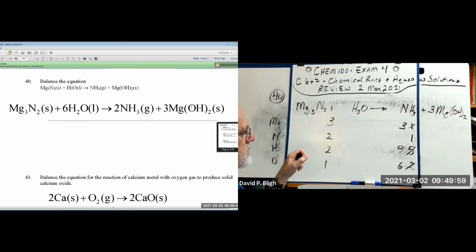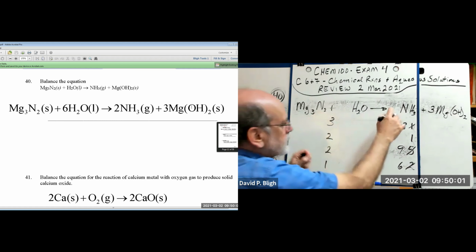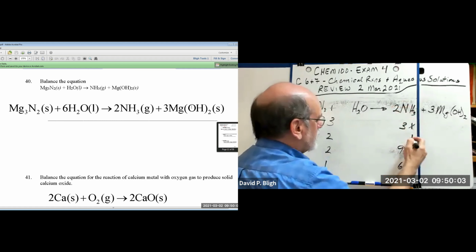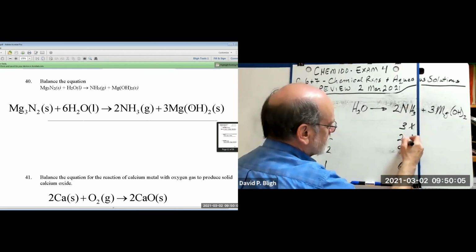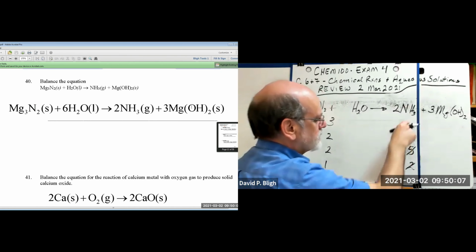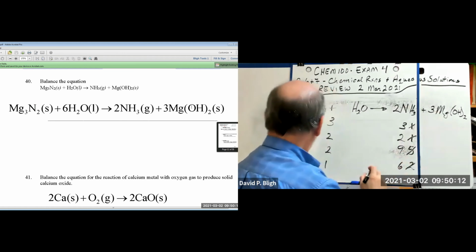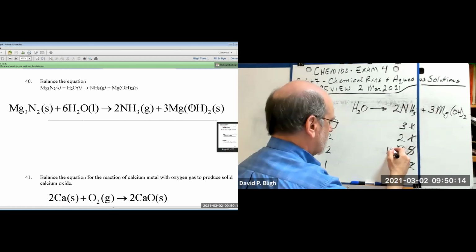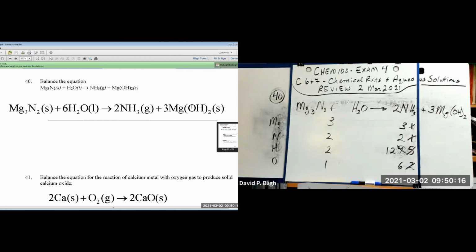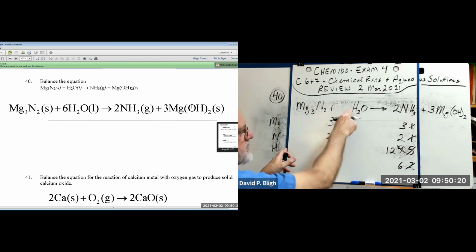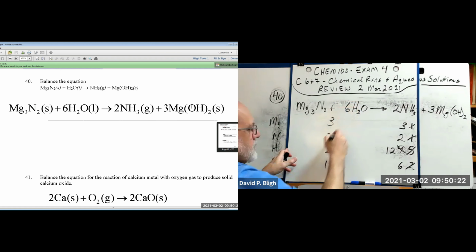So how about nitrogens? Well, we got 2 here and we need 2 here. So this makes 2 nitrogens. Now we recount our hydrogens. 6 here and 6 there is 12 hydrogens. Okay? Now if we want to get 12 hydrogens out of this, we need a 6, which makes 12 and 6 oxygens.